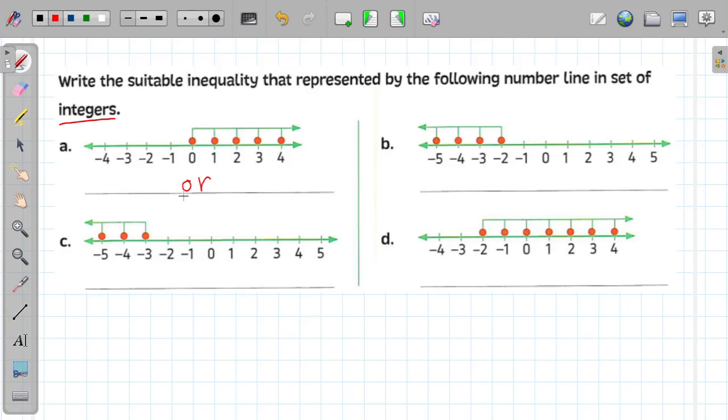The first one is the inequality will be more than or equal 0.